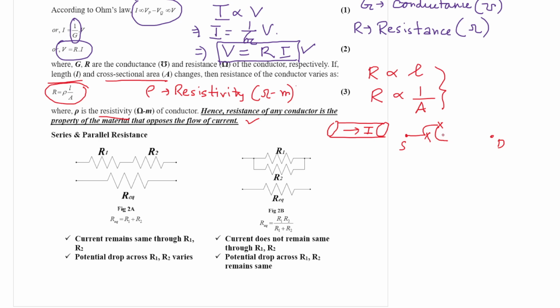In this way, if repetitive obstruction comes in his way, he should repetitively change his direction to reach his destination. So that is the idea of the symbol of this resistance.